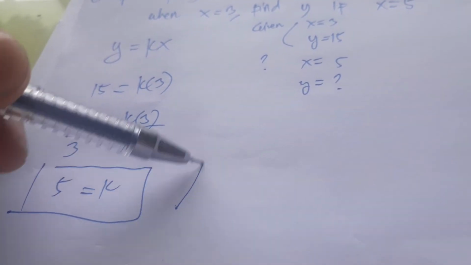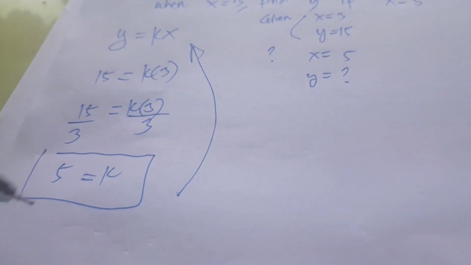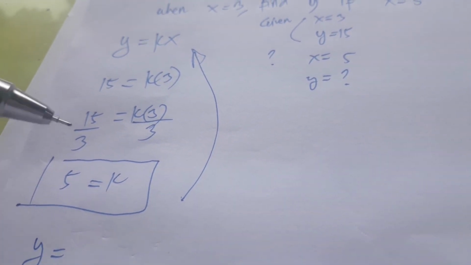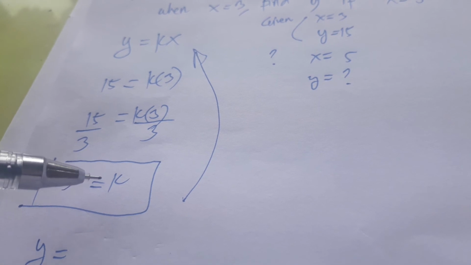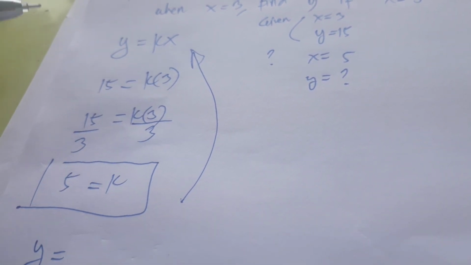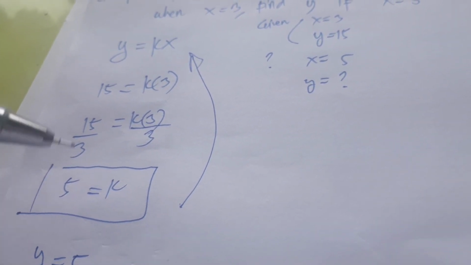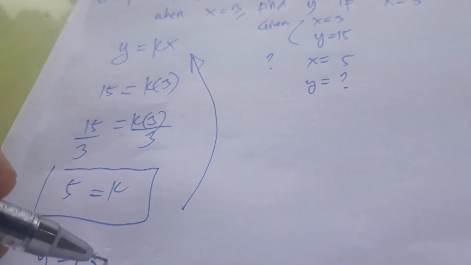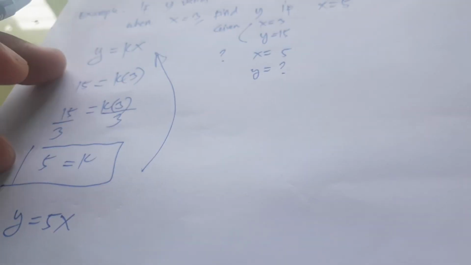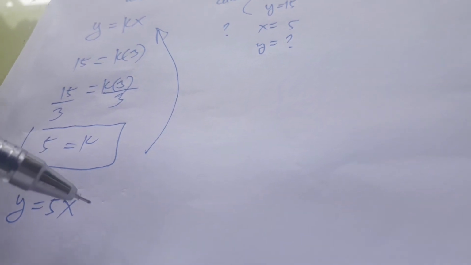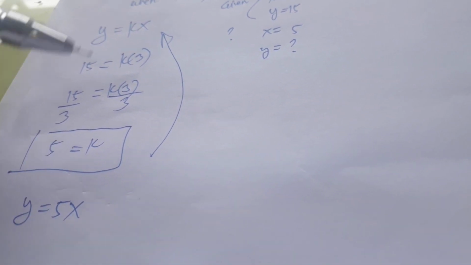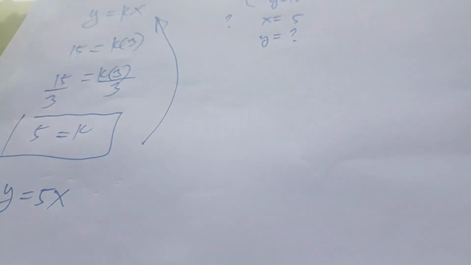Go back to our model. We will now have y equals, instead of k, we use 5x. This is where we can get the value of y when x equals 5.